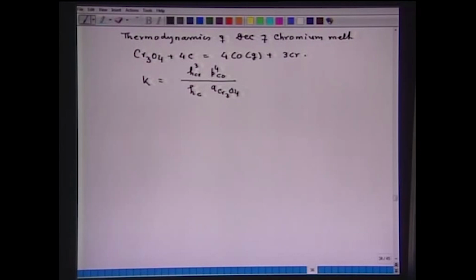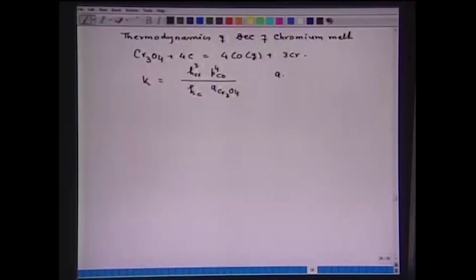Remember, again the liquid steel follows Henry's law. So, accordingly we put certain assumptions. Let us take activity of Cr3O4 equal to 1, h_Cr equal to f_Cr into weight percent chromium, and h_C equal to f_C into weight percent carbon.